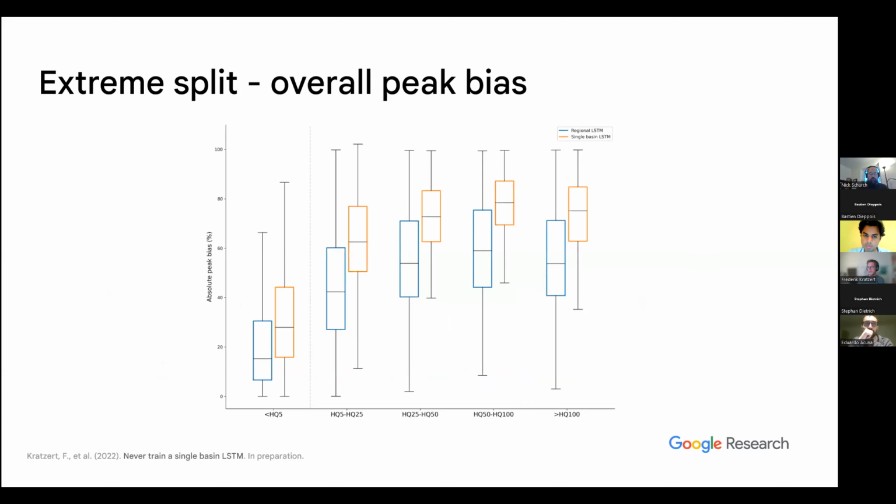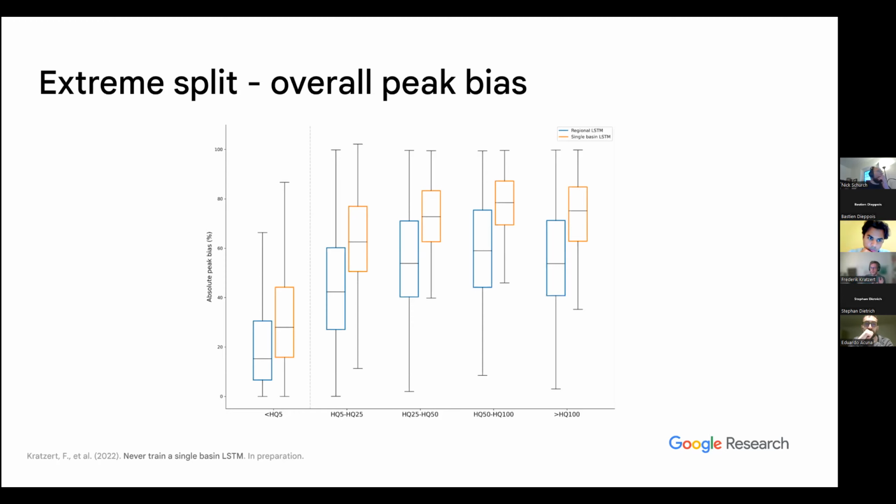And here we can see the same kind of plot that he did in his paper, but just for the single basin LSTM and the regional calibrated LSTM: regional in blue, single basin LSTM in orange. The error bars that you are seeing here are the absolute peak bias, so only looking at the annual peak.